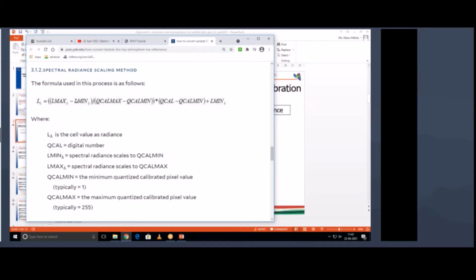Usually these four quantities, L max, L min, Q cal max and Q cal min, are provided in the metadata of the file. So you can use this linear relationship to convert the digital number to spectral radiance. All right, I hope that's clear.